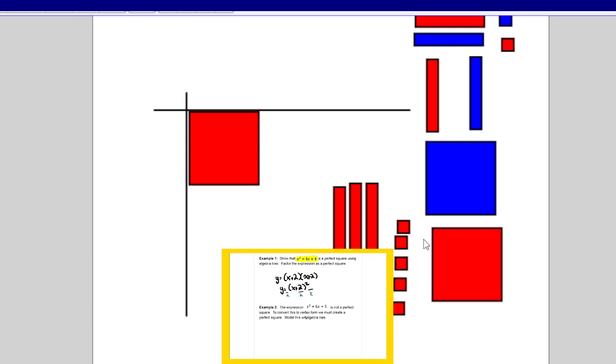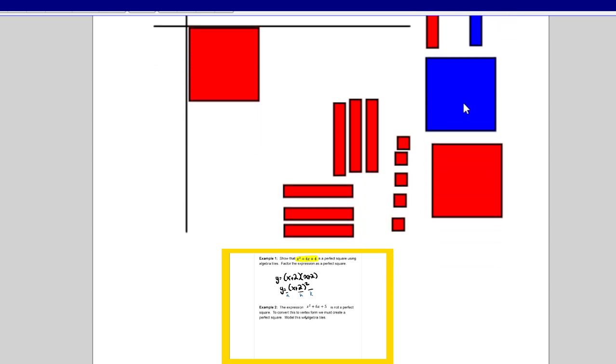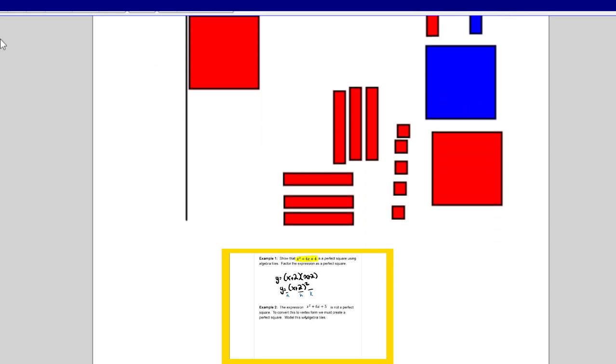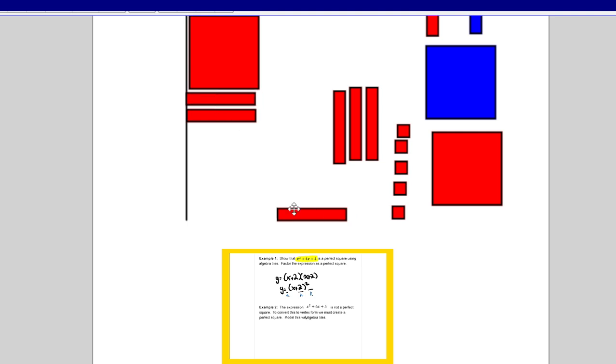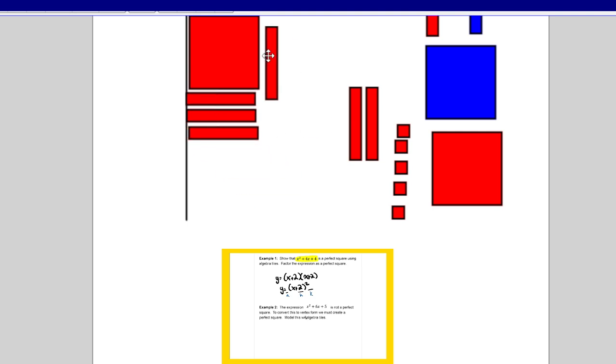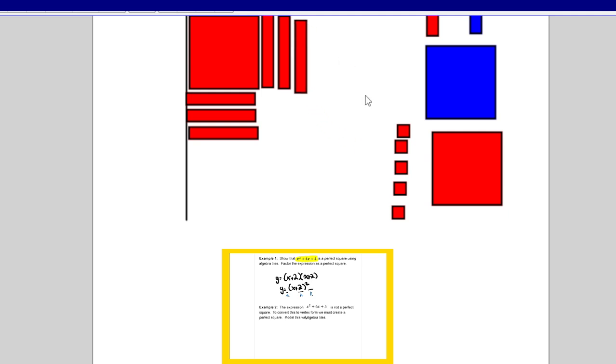So now I'm going to still use these shapes to try to make a perfect square. So let's say I'm going to move my 3 here. I'm going to put another 3 on the top. I'm going to take these 5 and order them to fill in these kind of spots here.